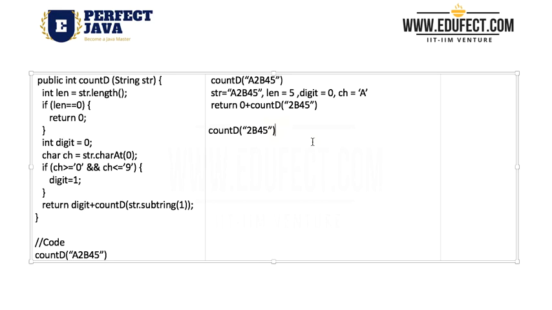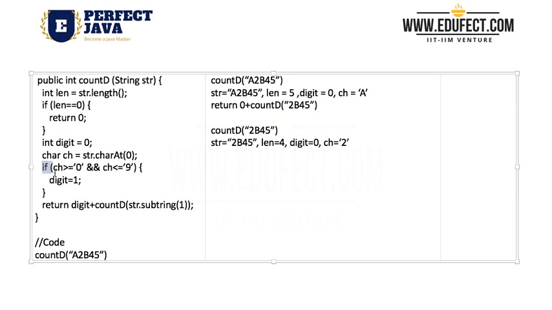Again the same things will start to happen. Now within this method, what is the value of str? str will be equal to 2b45. len will be equal to 4. digit will get the value 0 initially, and ch will be charAt(0), which will be equal to the character 2.